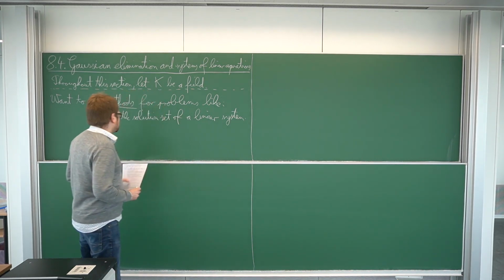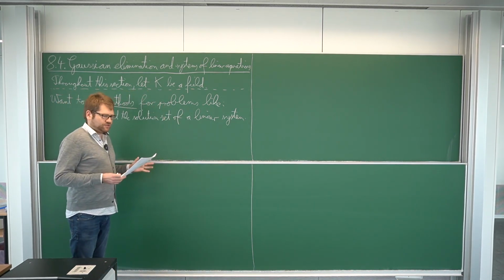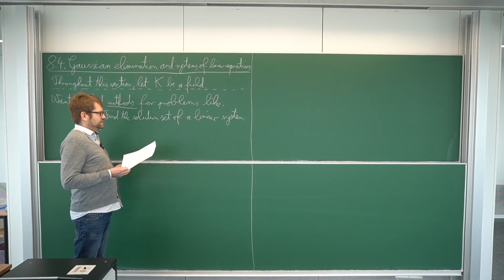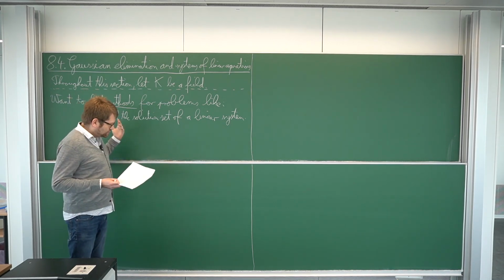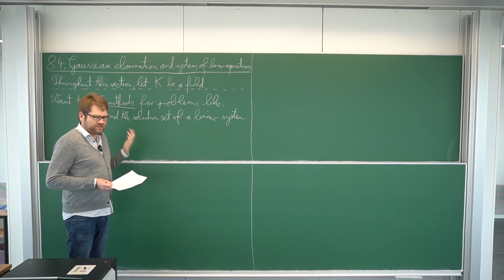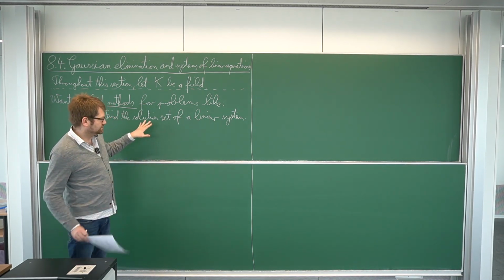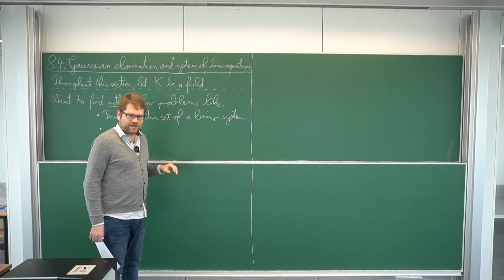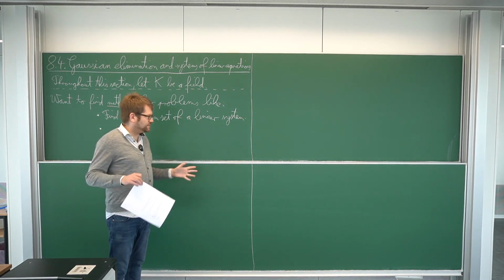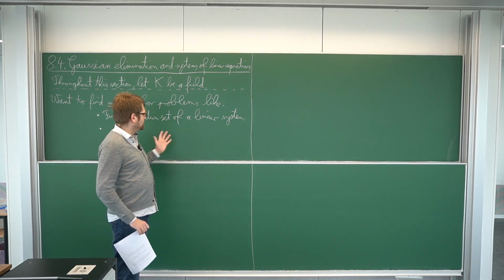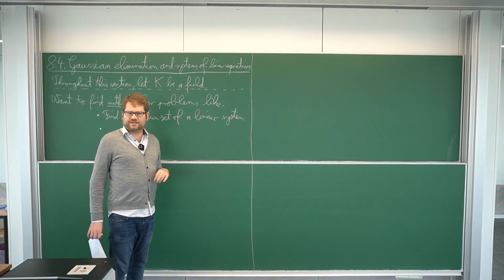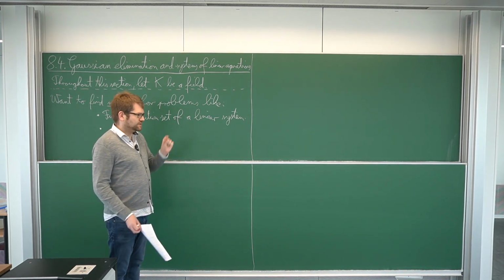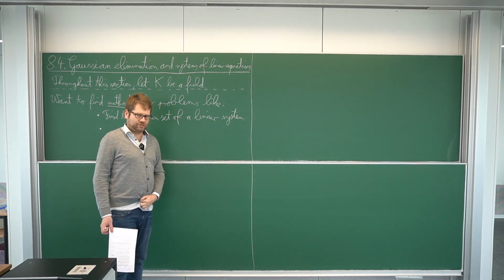So we really need to do some interesting examples of this. We need a general method of finding solutions of linear systems. So far we've only seen that homogeneous linear equations have linear subspaces as solutions, and inhomogeneous linear equations have affine subspaces, so a linear subspace plus a particular solution.